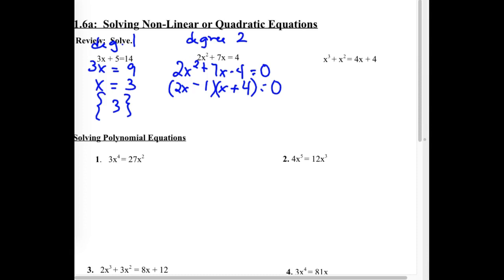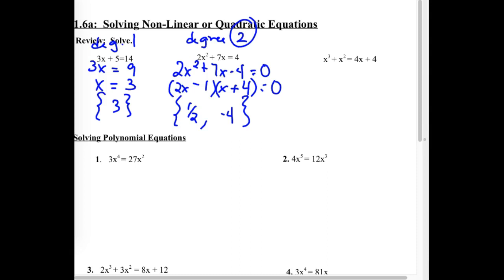So solutions on this one, from the first factor, we'd have a 1/2. From the second factor, a negative 4. So this one was degree 2, and we had how many solutions? 2. First one was degree 1, we had 1 answer. Second one was a degree 2, we had 2 answers.